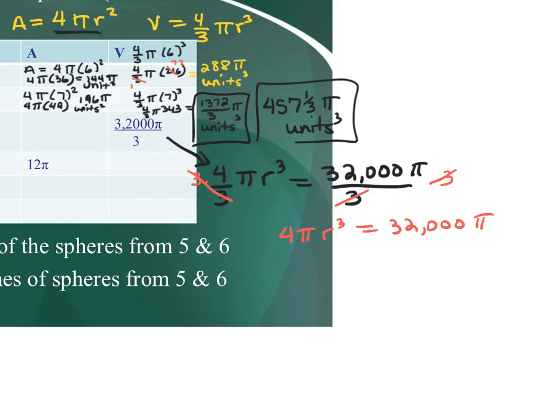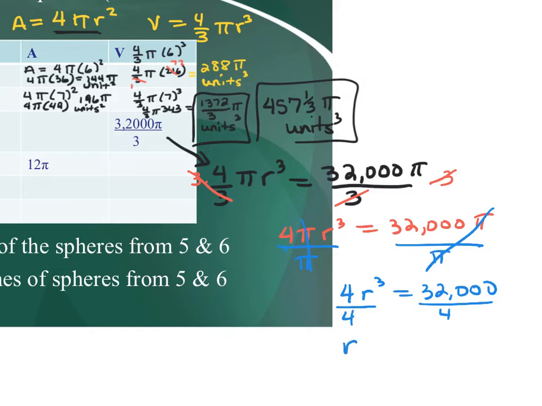Next thing I'm going to do is divide both sides by pi. And it cancels the pi's on both sides. Then I'm left with 4r cubed equals 32,000. Divide by 4, and r cubed equals 8,000.